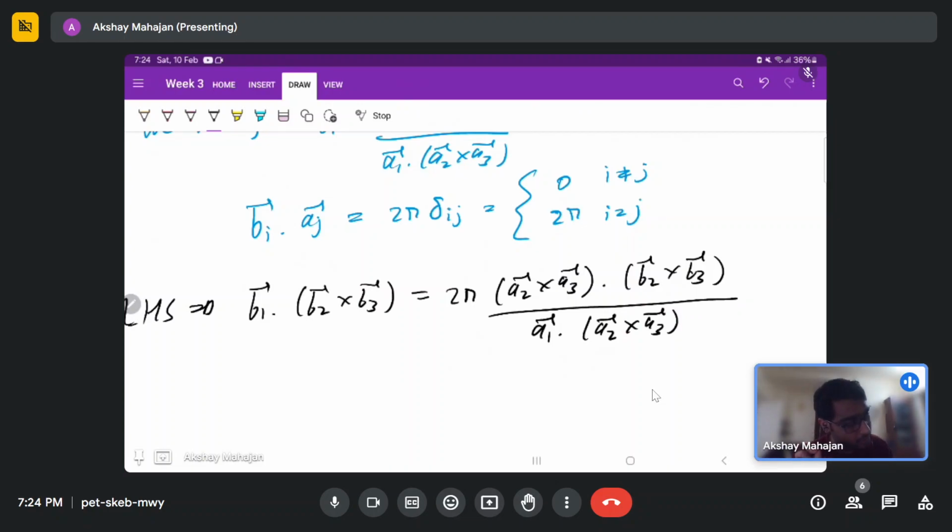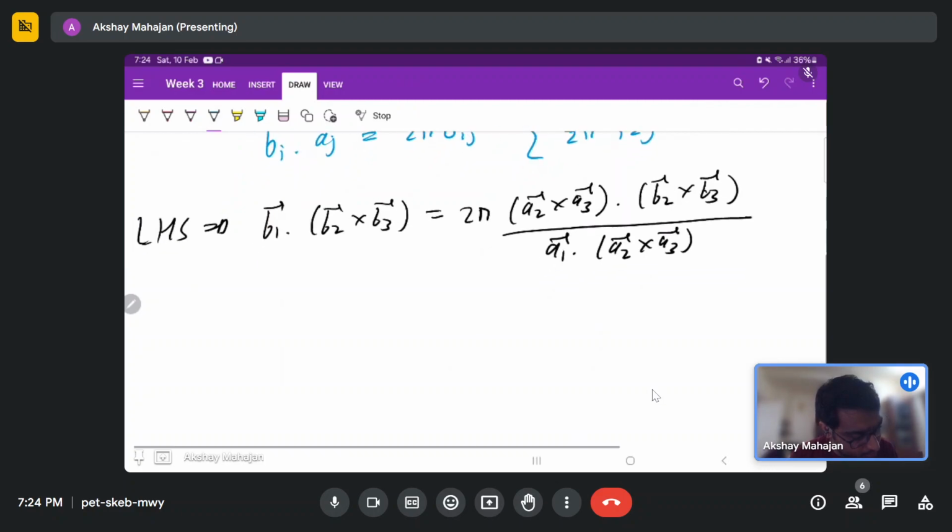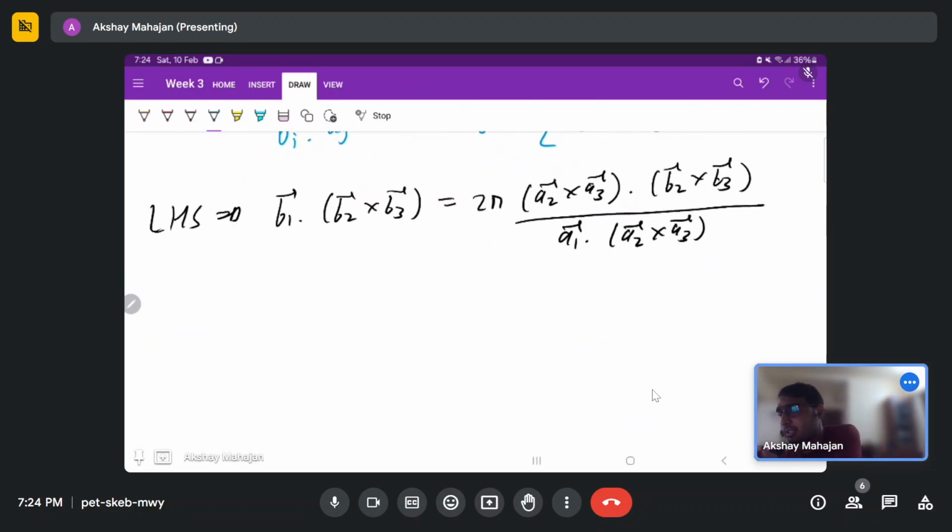Alright, and to solve this, we will use a vector property, a property of vector cross product and dot product. We have A vector cross B vector dot C vector cross D vector, a similar kind of relation.